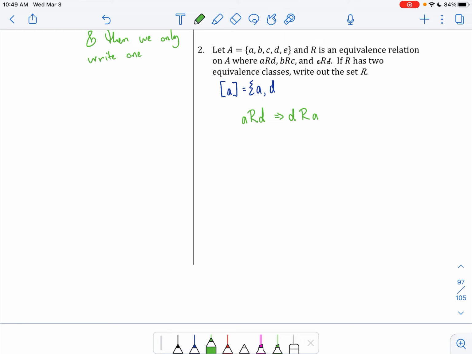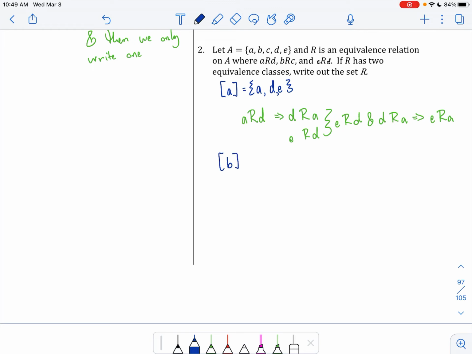By the transitive property, we also know that eRd and dRa, and by the transitive property that tells us that e is also in the set of a. And that's the end of the suppositions that we can make.